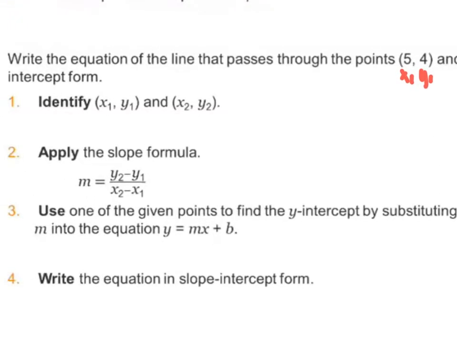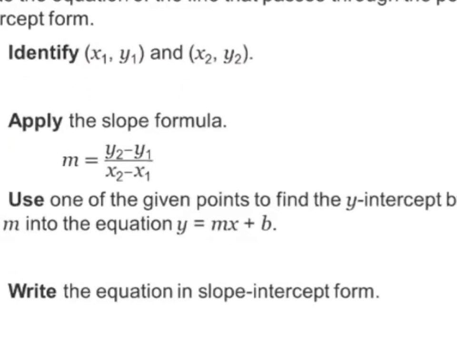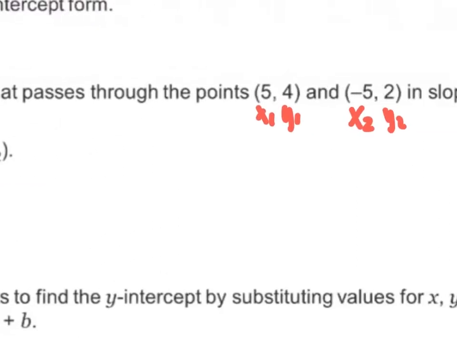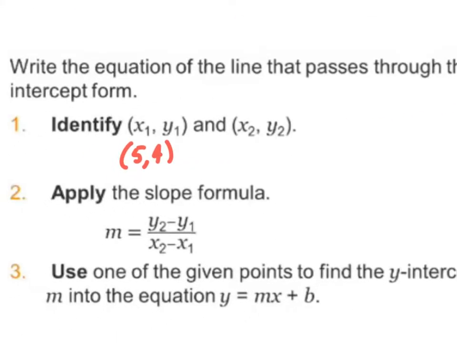So I'm going to apply that slope formula. x1, y1 is the point 5, 4. So I'm going to do 5, comma 4. And then x2, y2 is negative 5, 2. So that's negative 5 and then 2.